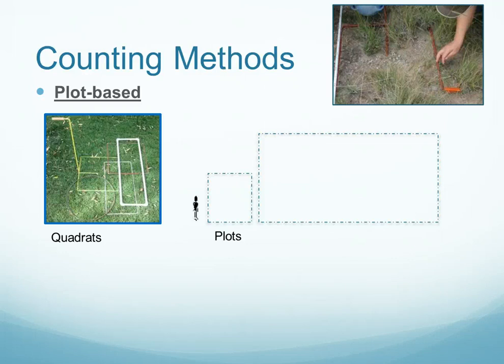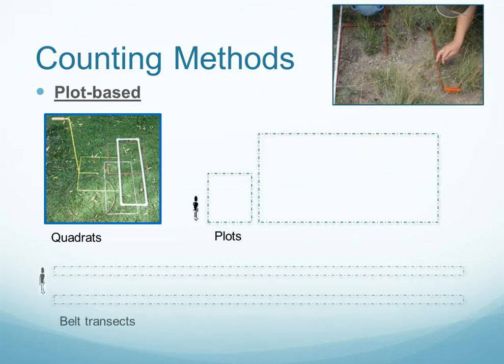Often when we're measuring density, we want to use very long plots that have a relatively narrow width, and these are called belt transects. These are established using transect tapes, and then by walking a swath and measuring the distance of that swath or the width of that swath, then counting the plants inside the belt transect.